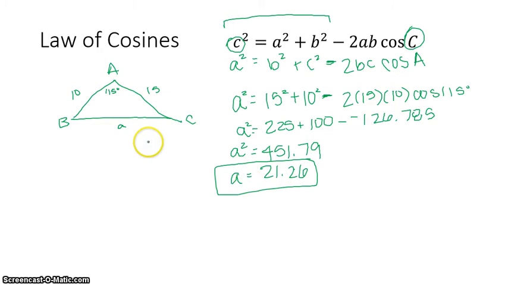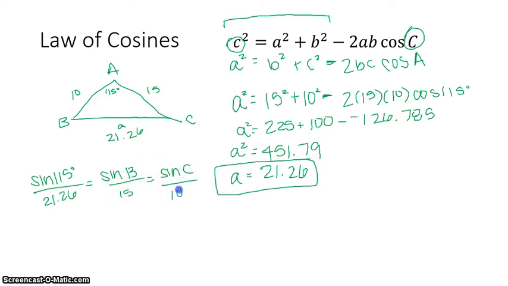From there, if I wanted to find my other two angles, I could just use law of sines and set this up as sine of 115 degrees over 21.26 equals sine of B over 15 equals sine of C over 10. When I'm trying to find B, let's start with that.